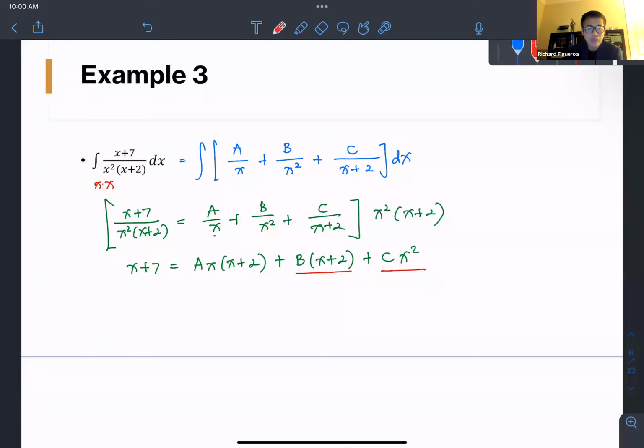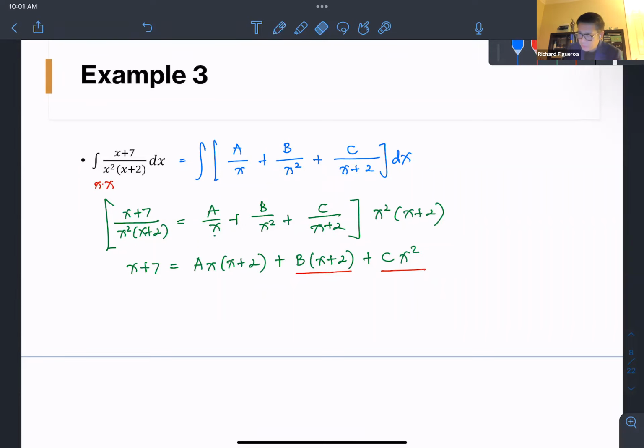There's no common factor for b and c. One is x plus 2, the other is x squared. So since there's no common to both, therefore we cannot eliminate b and c just to get the value of a. So if that is the case, we cannot go there. Okay, so we can proceed with the next one.